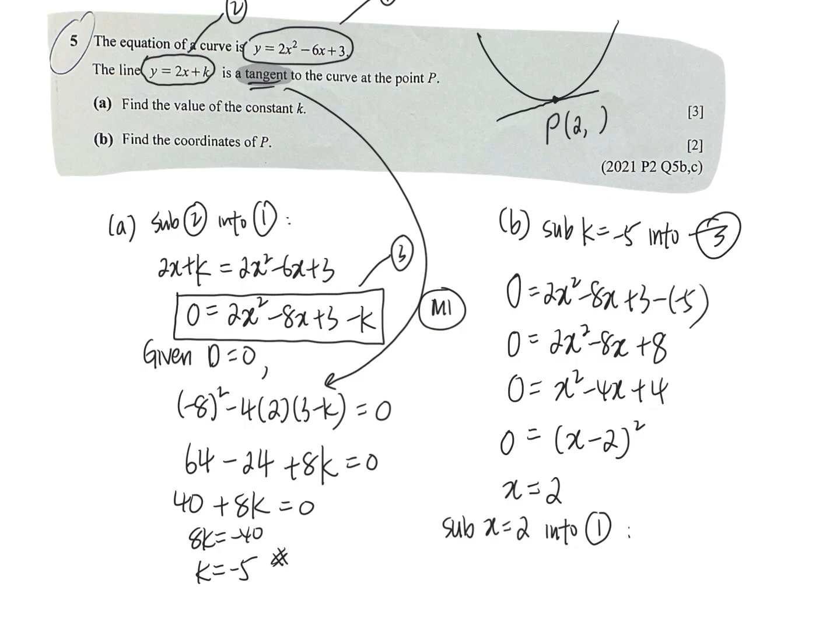No, equation 2, sorry. Okay, your equation 2 is this one, 2x plus k. This is your equation 2. So plug the 2 in, you get minus 1. Correct? So P is (2, minus 1).